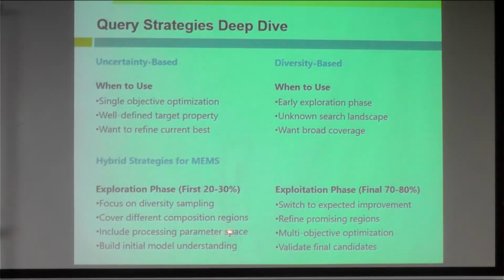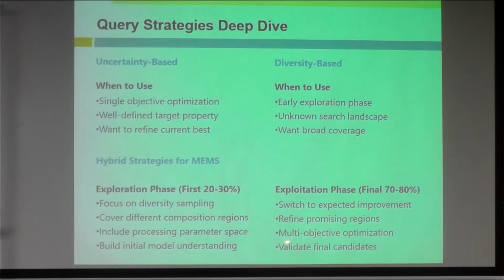To include processing parameter space is to know whether you can process it, let's say for MEMS, using etching, or CVD, or addition with the materials, etc. This is exploration at the first stage. Then the exploitation phase, the final 70 to 80%, switches to expected improvement. From this, you try to improve further and refine the promising region. Region meaning the number of properties that might be required for the material.